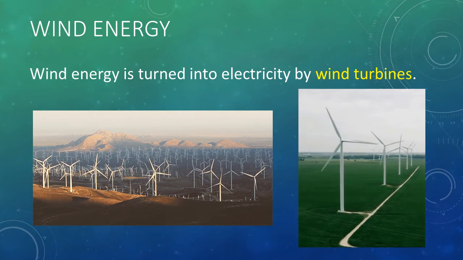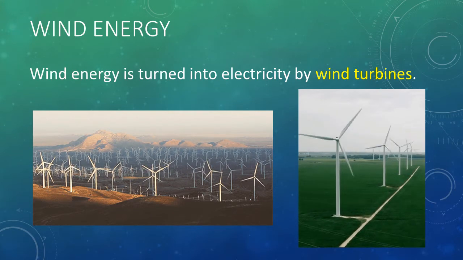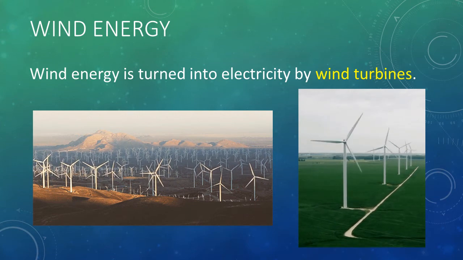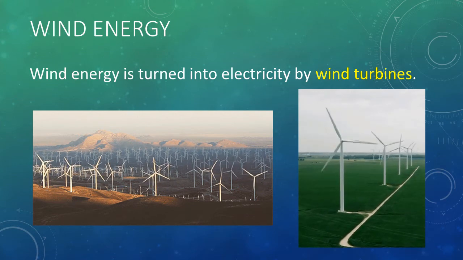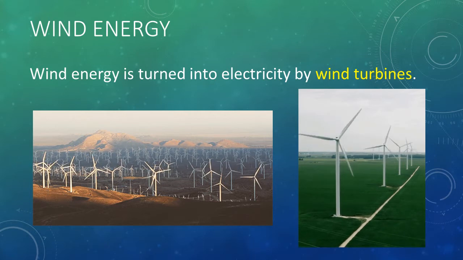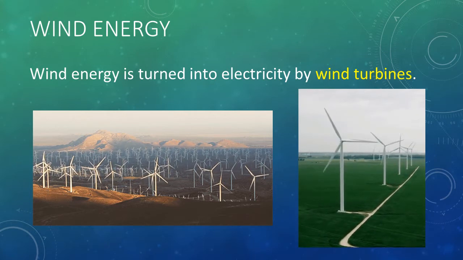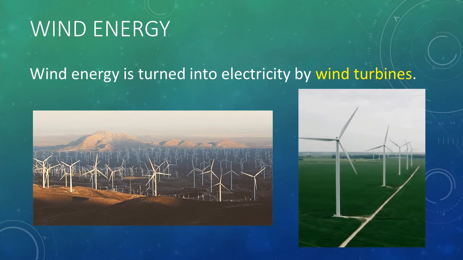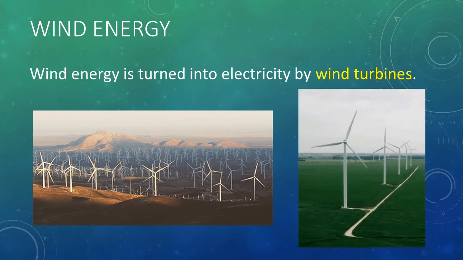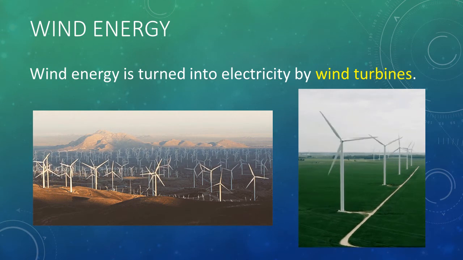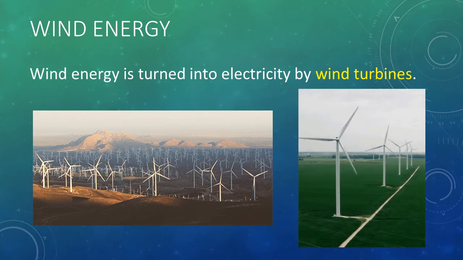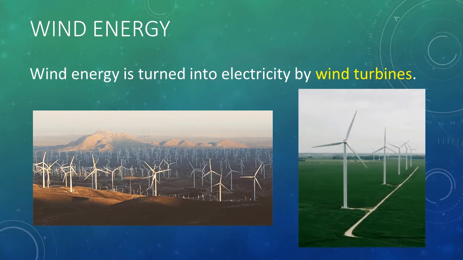Now, how do we take wind and create electricity? Well, wind energy is turned into electricity by wind turbines. I don't know if you've ever seen a wind turbine, perhaps as you travel around the country or around the world. We have a variety of sizes.